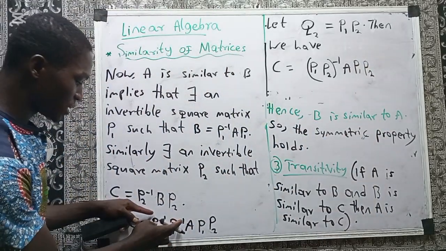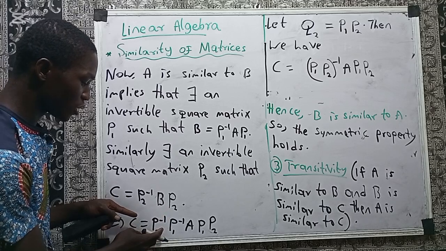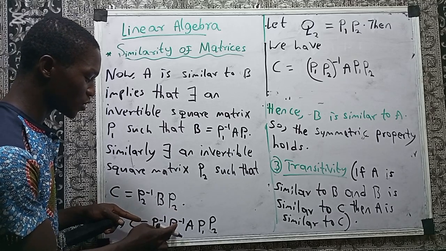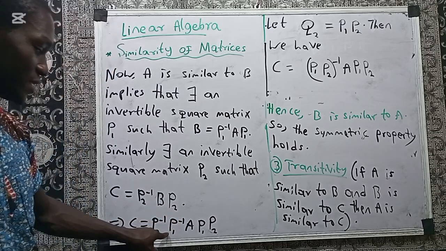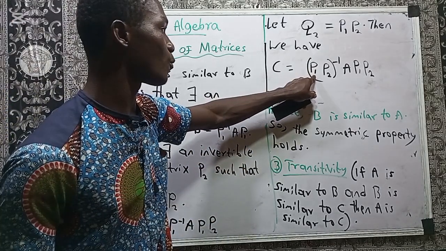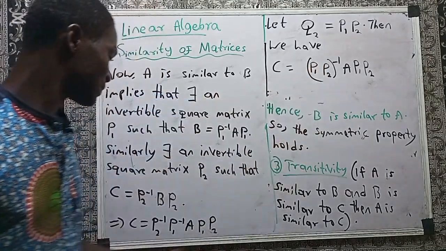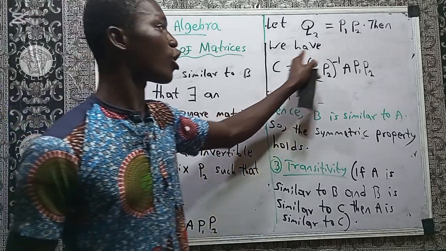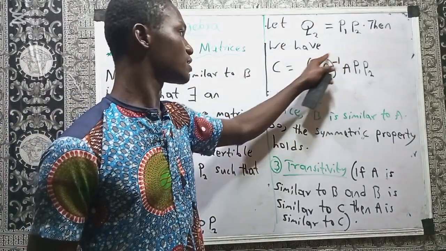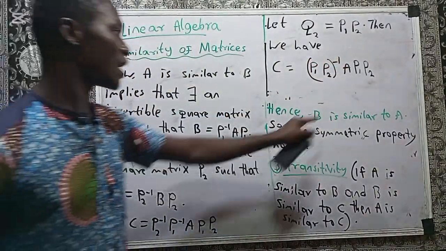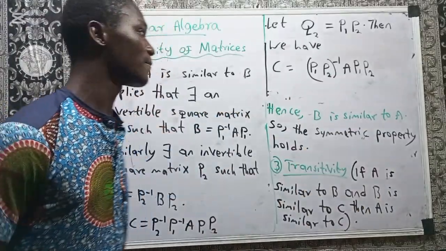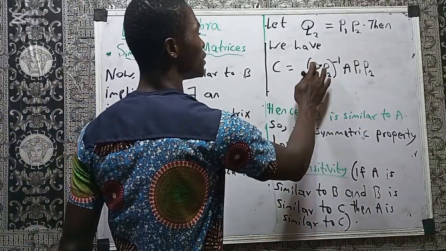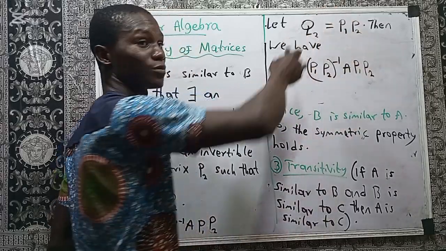This expression I wrote here, P sub 2 inverse multiplied by P sub 1 inverse, is the same thing as, you write the second one first, P sub 1 multiplied by P sub 2 all inverse. Then multiplied by matrix A multiplied by P sub 1 P sub 2. Remember, I've called P sub 1 P sub 2 Q sub 2.